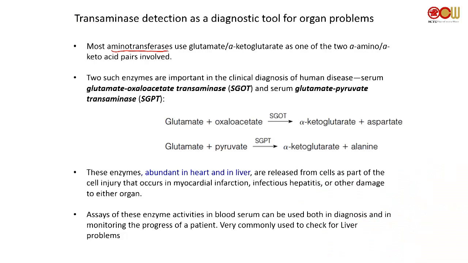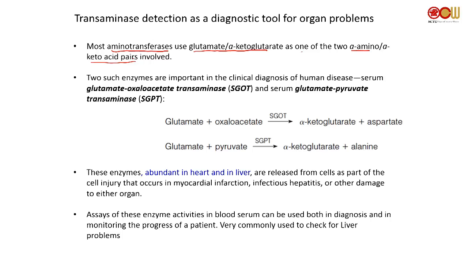Most amino transferase or transaminase, okay, they use glutamate alpha KG as one of the two amino and alpha keto acid pairs involved. Okay, now two such enzymes are important in the clinical diagnosis of human disease.